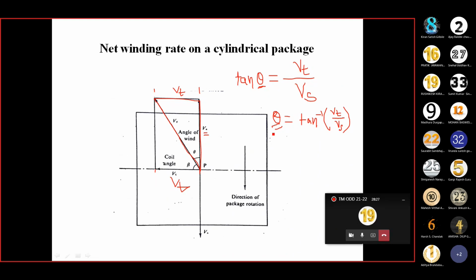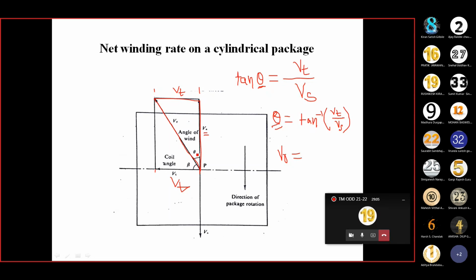Now in the question, again, they ask about the net winding rate. How do we calculate this net winding rate Vr? Here, in order to calculate the angle theta, you take the tangent of the angle. But if you want to calculate the side, you take the sine of the angle.